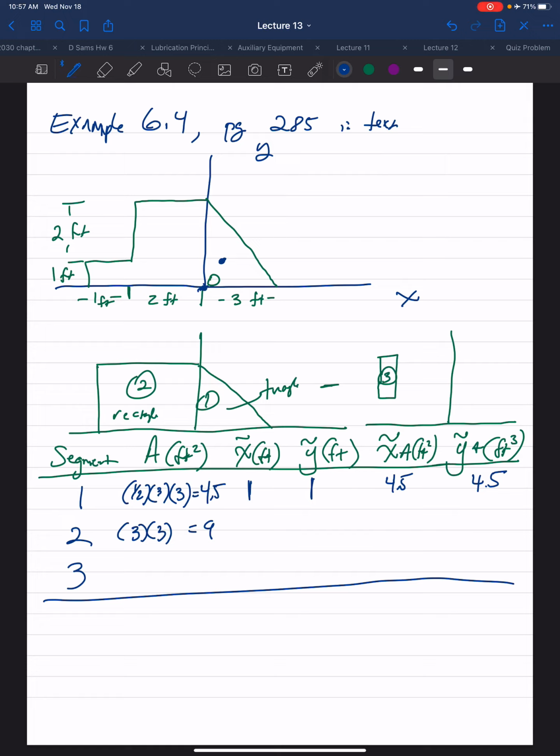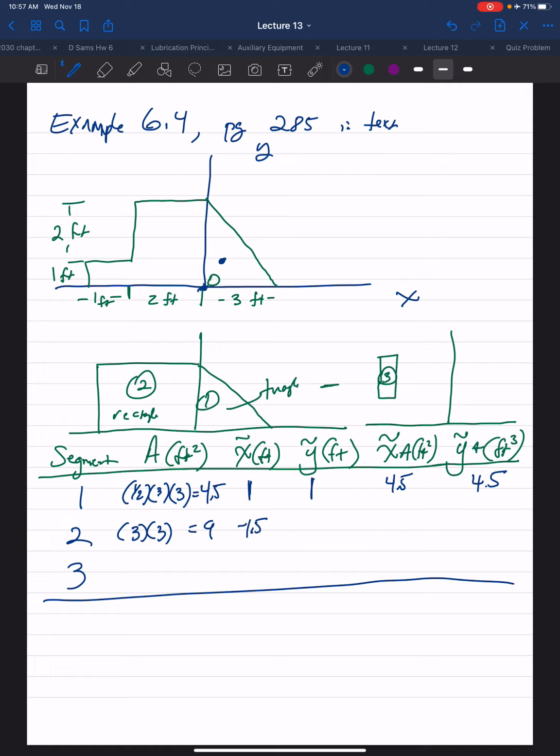So here, the rectangle, segment 2, is in the negative x direction, but the positive y direction. So the coordinate of the centroid of the rectangle, using our Appendix B, which is at the center for a rectangle, will be negative 1.5 feet.